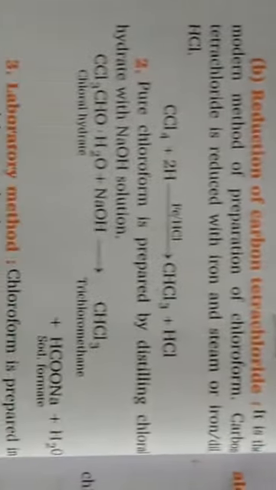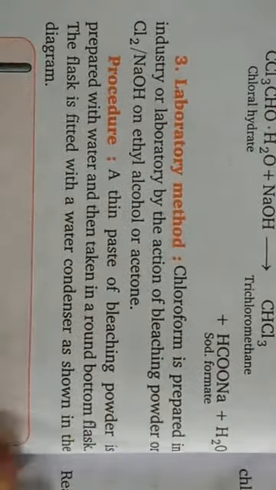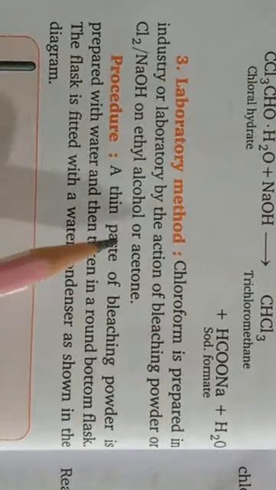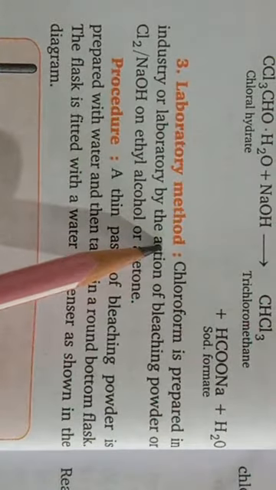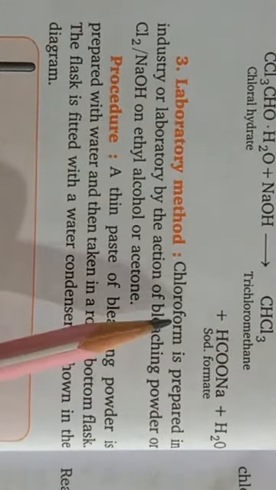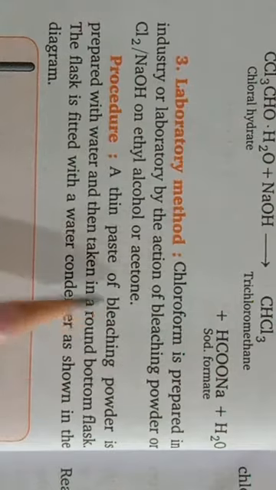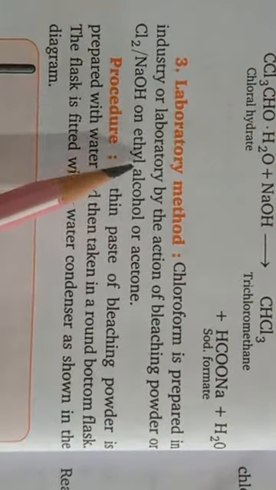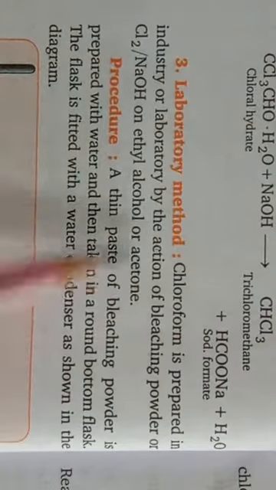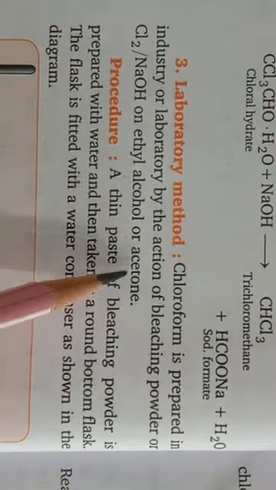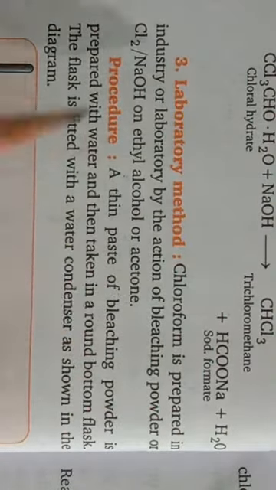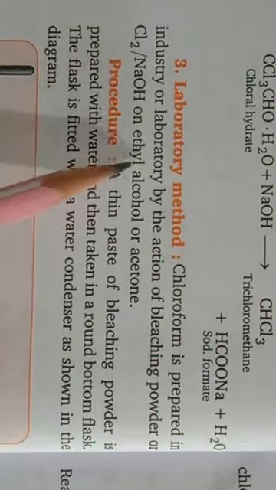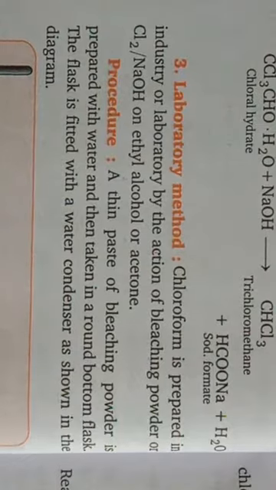The next preparation in your syllabus is the laboratory method. In the laboratory method, chloroform is prepared from bleaching powder and ethyl alcohol or acetone, or you can use chlorine and sodium hydroxide with ethyl alcohol or acetone.